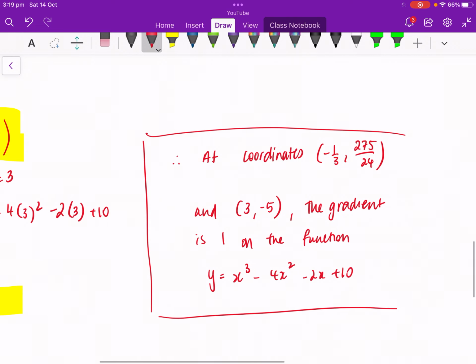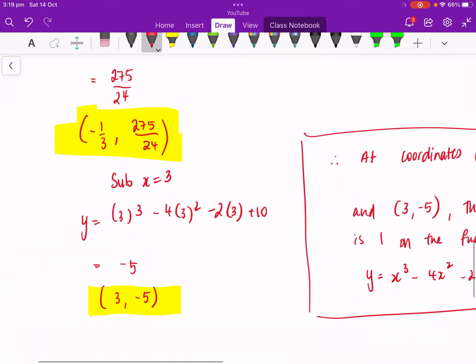So this is like the worded answer version. This is just in full, okay? So that means those two coordinates, the gradient is 1 on the function that you were given in the beginning. I know, very lengthy, but let's break down.